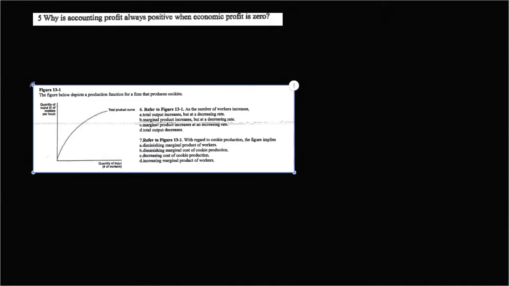Alright, so number 5 here is a question that we're just going to talk about. Why is accounting profit always positive when economic profit is zero? So accounting profit, profit sub A, is just going to be the explicit costs.